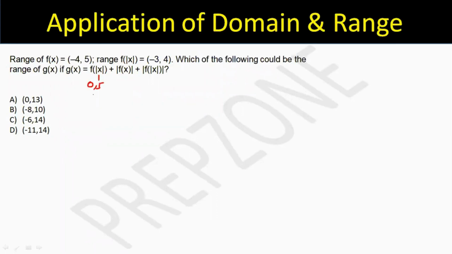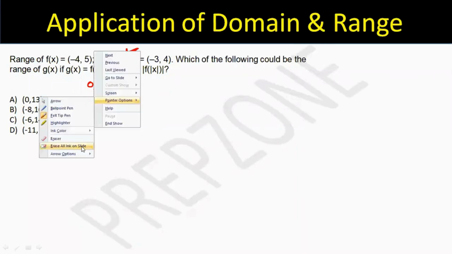Are you sure? Then yes, 0 to 4, right? Come on, this is f of mod x. It should be -3 to 4, right? Is it not given in the question, -3 to 4? It is already given to you in the question, right? -3 to 4. What are you doing?